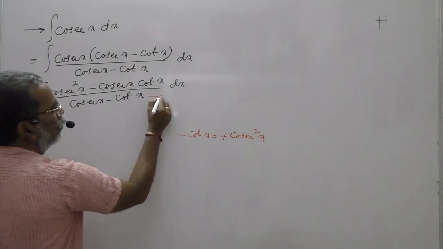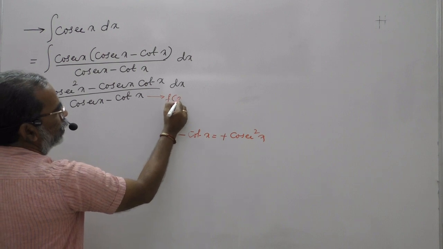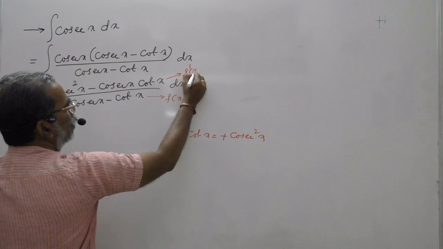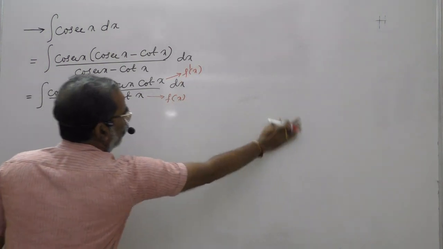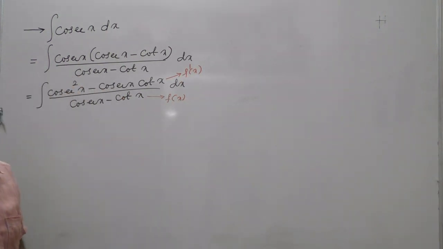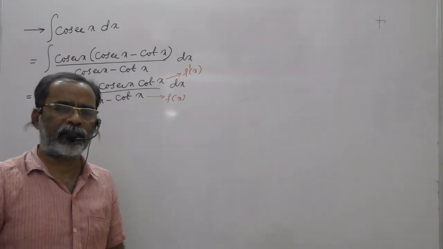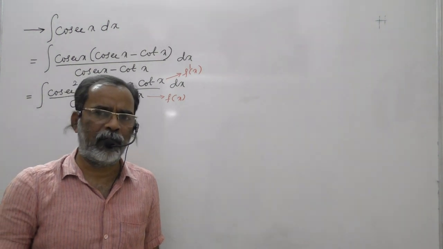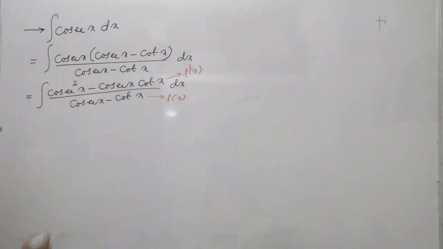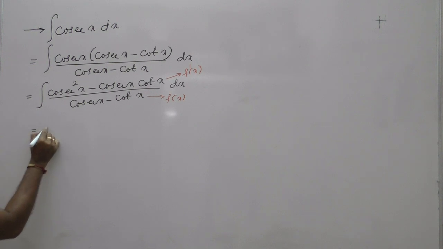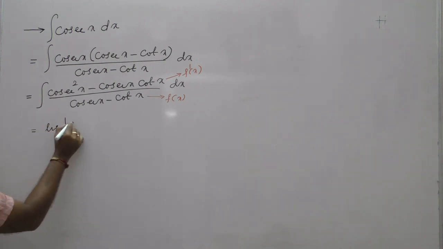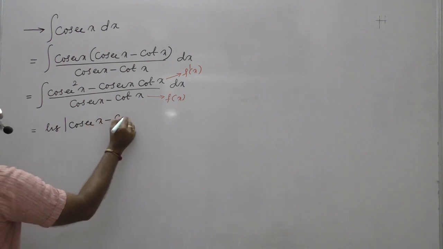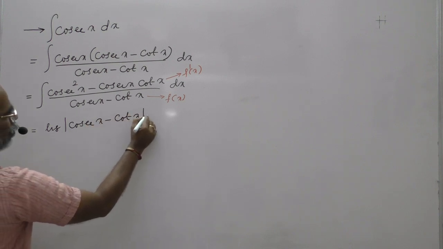That means if the denominator is a function f of x, the numerator is f dash x. Therefore, I can apply f dash x by f x. Integral f dash x by f x dx is log of f of x. Therefore, this is log of cosec x minus cot x plus c.